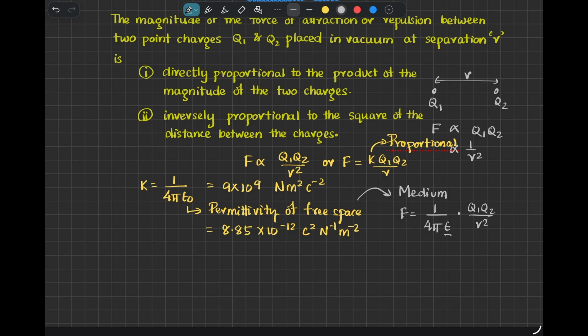Here this epsilon term can be written as epsilon naught into epsilon r. This epsilon naught term is permittivity of free space, whereas this epsilon r term is called relative permittivity.